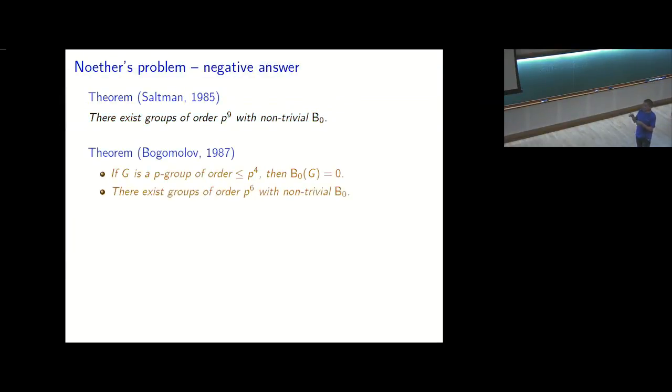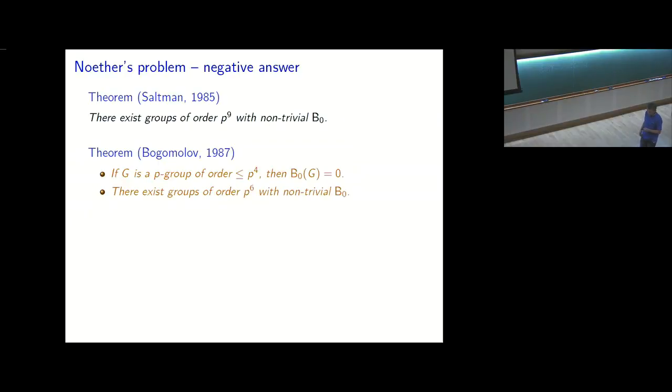Suppose that you have a group which is... I should maybe mention that in order to prove that the Bogomolov multiplier is trivial, you can reduce everything to p-groups, by basically the same argument as in the case of the Schur multiplier. If you look at the p part, it embeds into the Bogomolov multiplier, the Sylow subgroup.